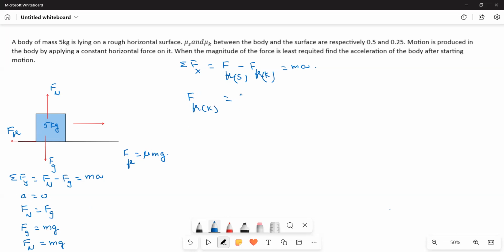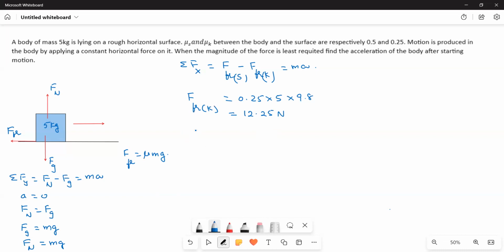Therefore, F friction kinetic is equal to, what are the values? μ, the coefficient of kinetic friction, is 0.25, times mass 5 kilograms, times g, I will take 9.8. So this will give kinetic friction value as 12.25 newtons. Am I right? 0.25 times 5 times 9.8.